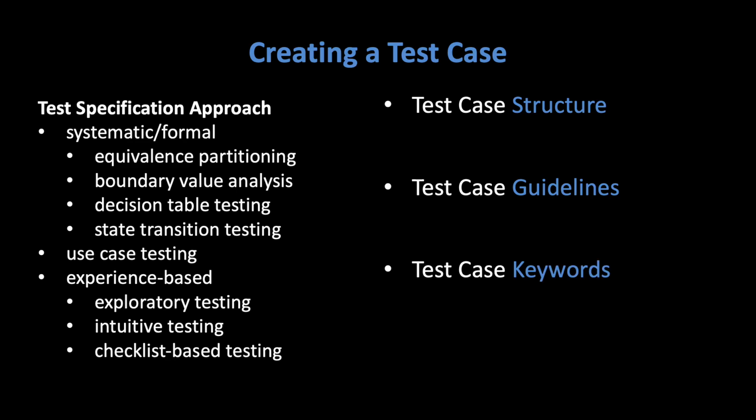Same with keywords that you can use for test cases, and if you use them, it's very important to be consistent with them. And besides the actual content, there are also other attributes for test cases, like priority, status, etc.